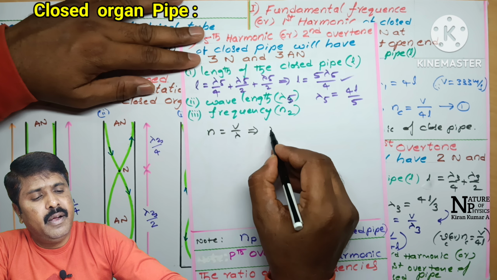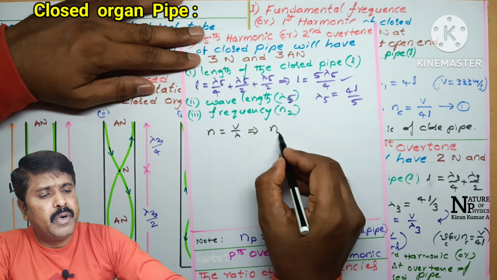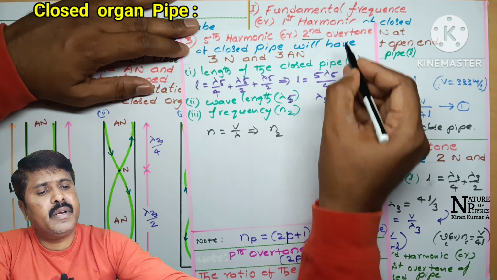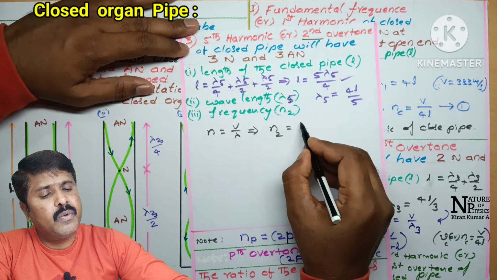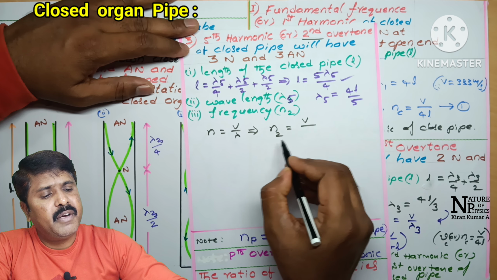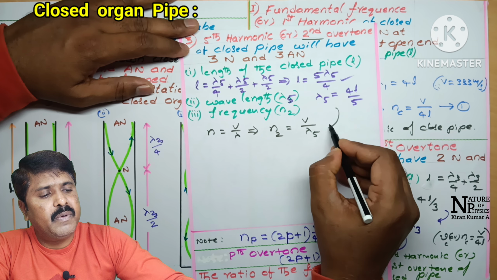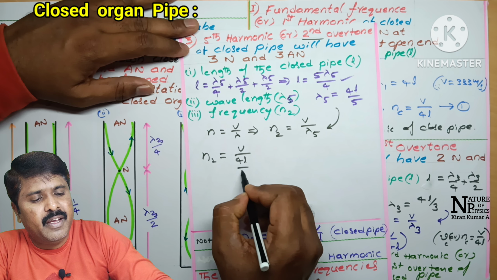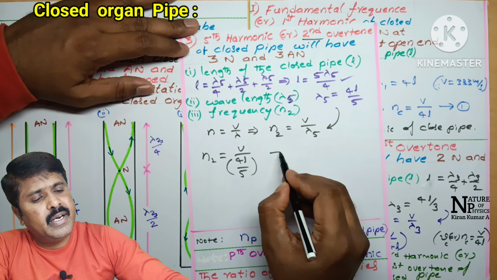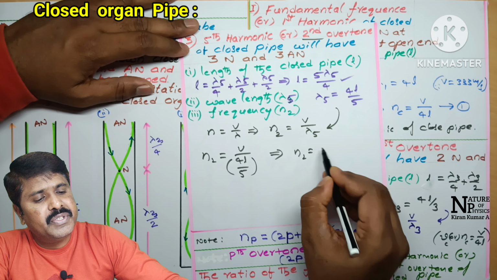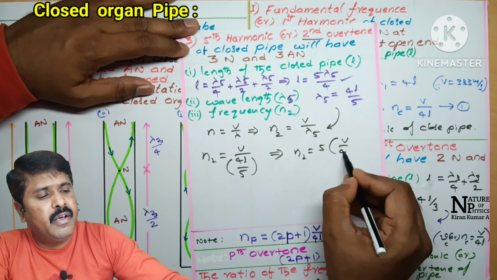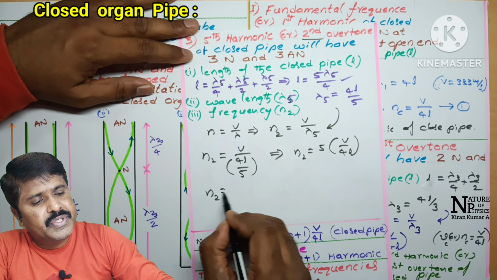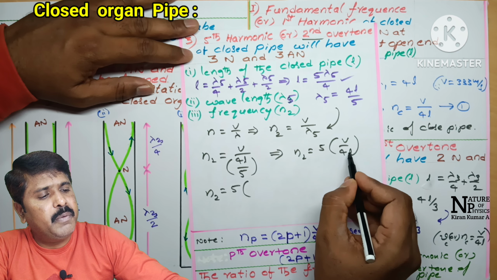For the second overtone, I am writing N2 is equal to V divided by lambda 5. Replacing the lambda 5 value, N2 is equal to V divided by 4L by 5. So continuing, N2 is equal to 5 into V divided by 4L.